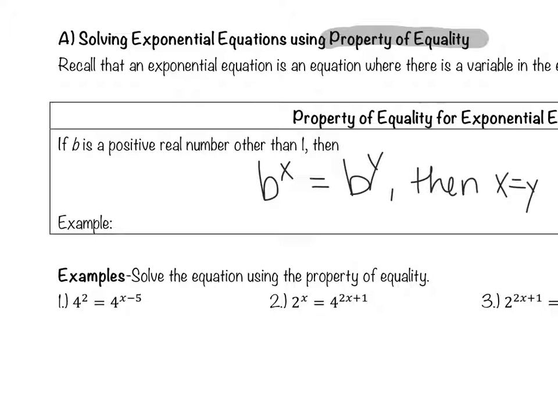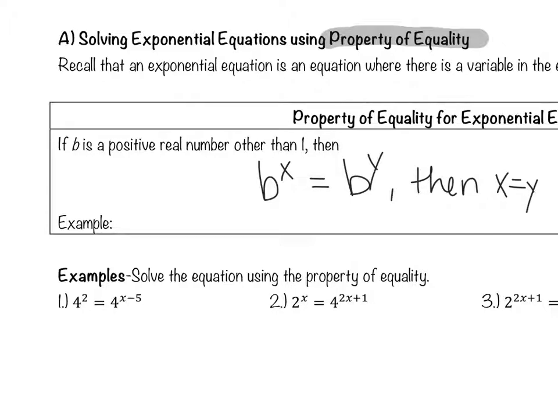It turns out that if they have the same base, we could get into the properties of logs and stuff like that, but basically if they have the same base, then it's simply the exponents set equal to each other.